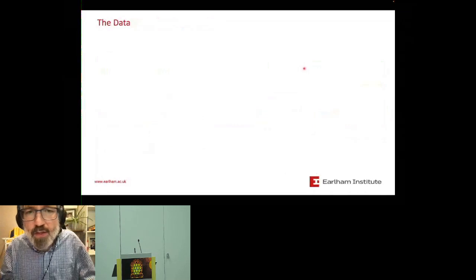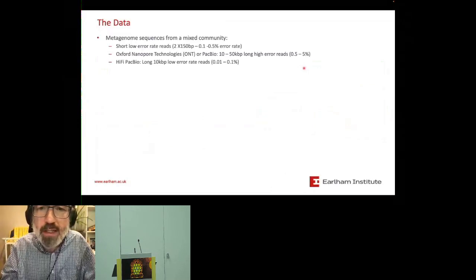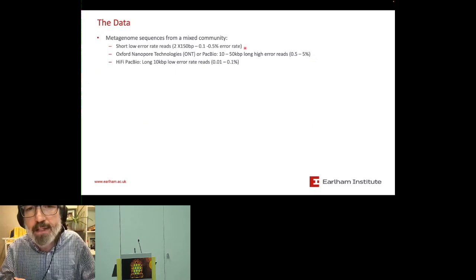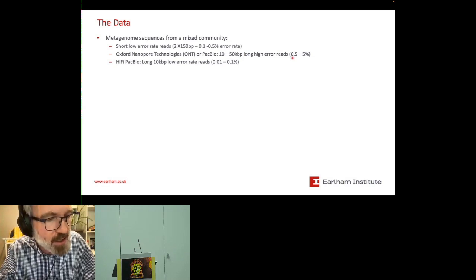In terms of sequencing data, what is available today is we have short, low error reads, and that is the vast majority of data sets, in fact. For the last few years, we've had long, so over 10 kilobase pair, but highly erroneous reads, with up to about 5% error rate. The latest Oxford Nanopore sequence data is a lot better than that.